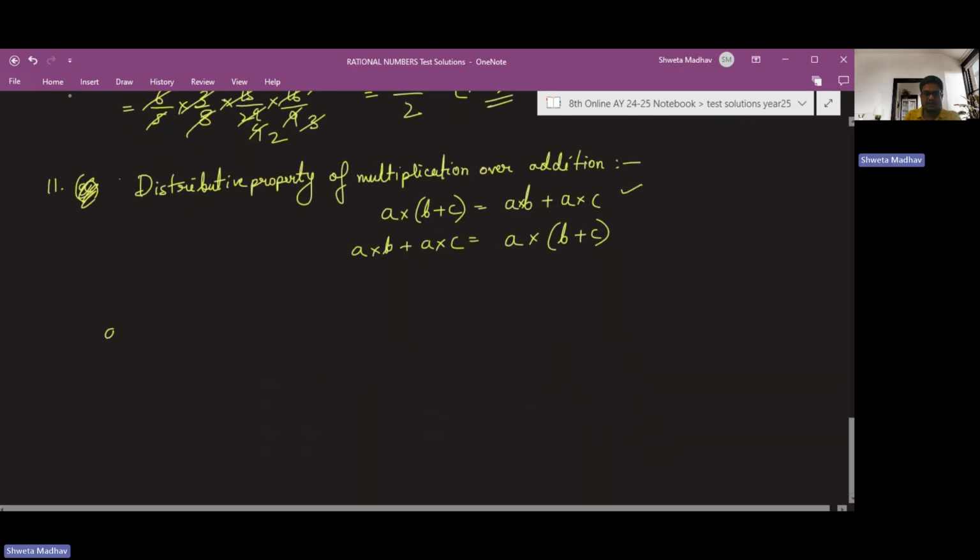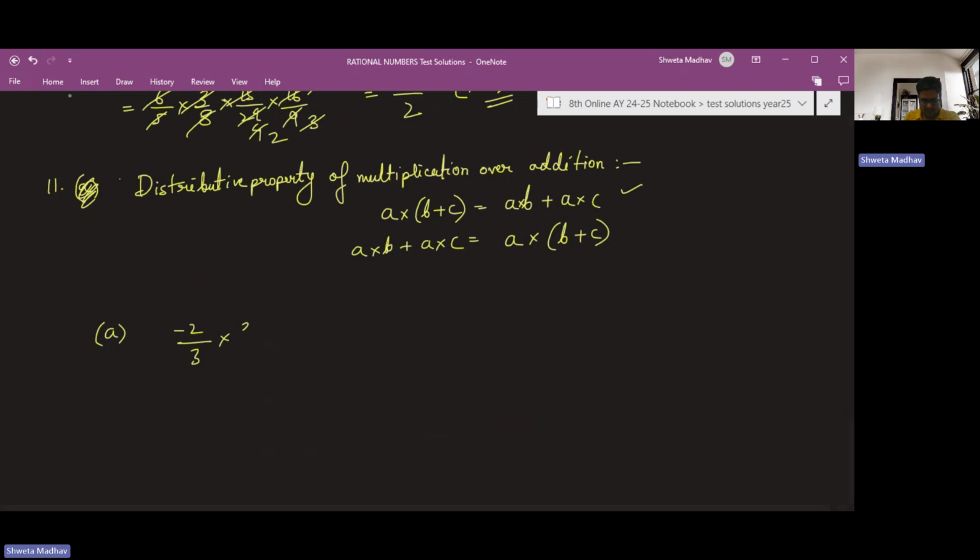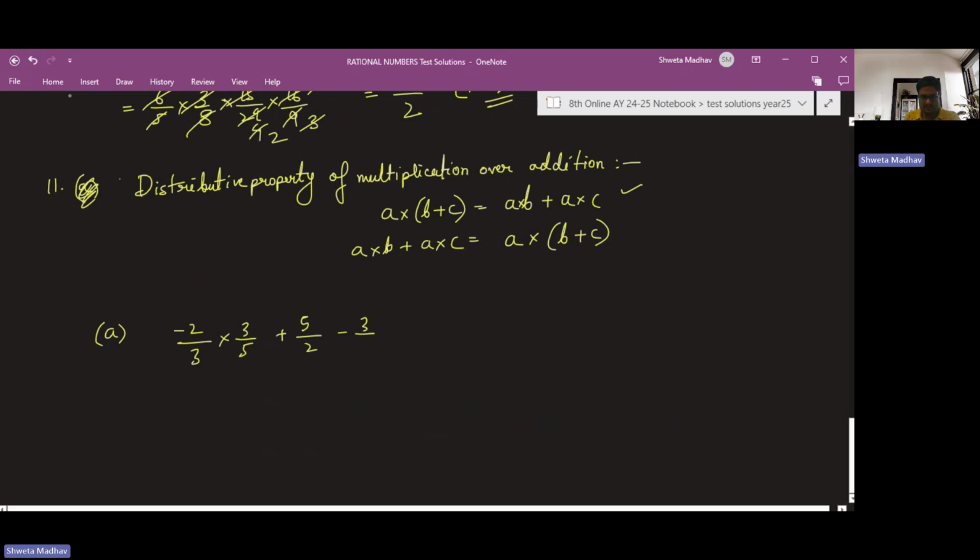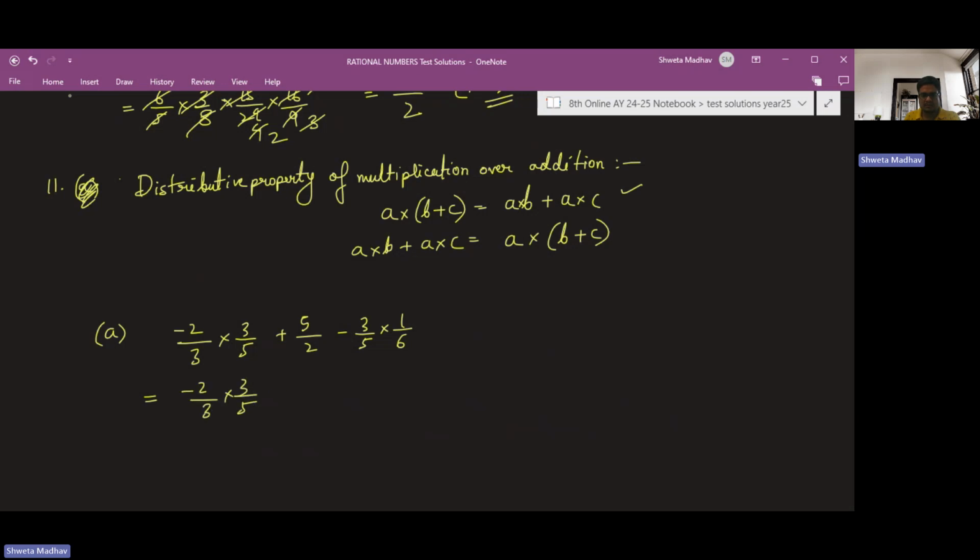So in part A, it has been told that minus 2 by 3 into 3 by 5 plus 5 by 2 minus 3 by 5 into 1 by 6. So in the first term and in the second term, we can say this is minus 2 by 3 into 3 by 5 minus 3 by 5 into 1 by 6 and plus 5 by 2 I can write.